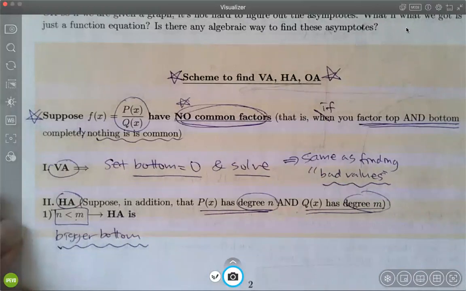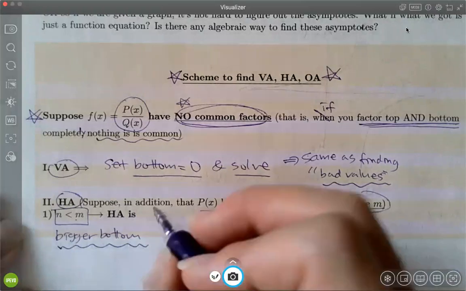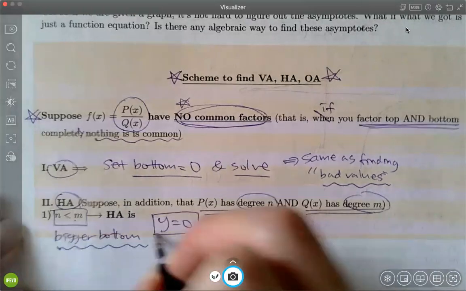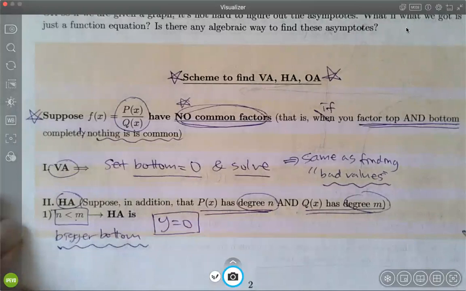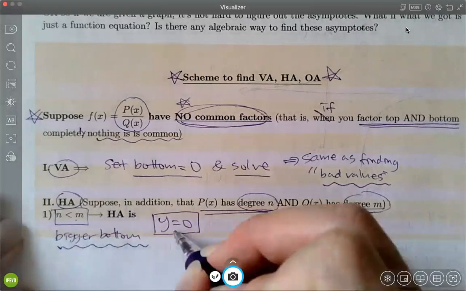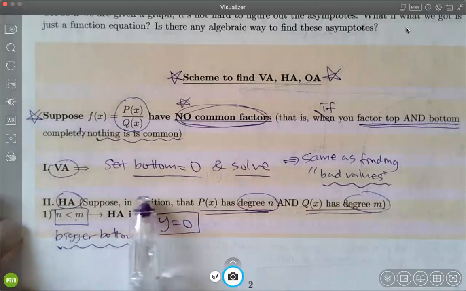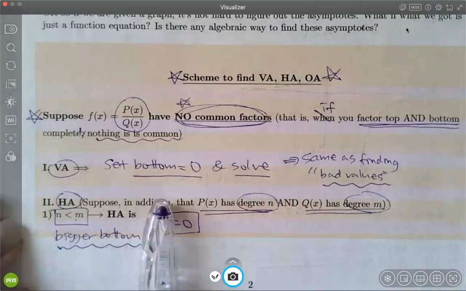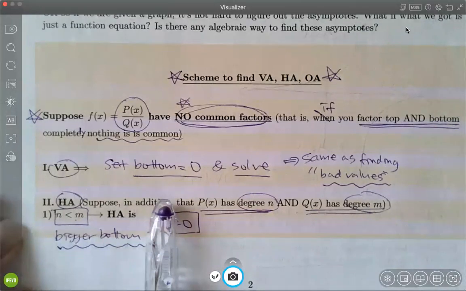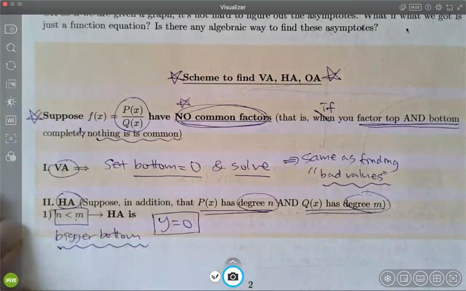Then the horizontal asymptote is y is equal to 0. And please be careful to include y equals in front. If you just say 0, then your answer is wrong. You must specify what is equal to 0. So that's the horizontal asymptote.